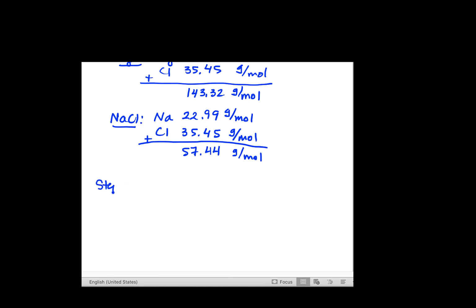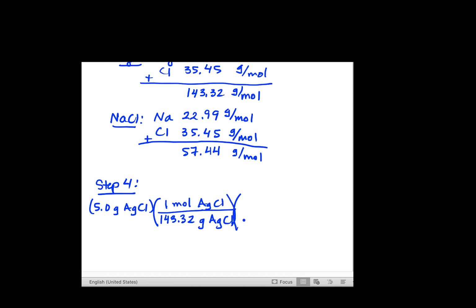After we have our molecular weights, we can do the dimensional analysis step, which is our flowchart, and we'll cancel out any quantities. We're starting with 5 grams of silver chloride, and we need to convert that into moles. So we use the molecular weight as a unit conversion. Grams go on the bottom to cancel out the grams, and that is the mass of 1 mole. From the balanced equation, silver chloride and sodium chloride are 1:1.